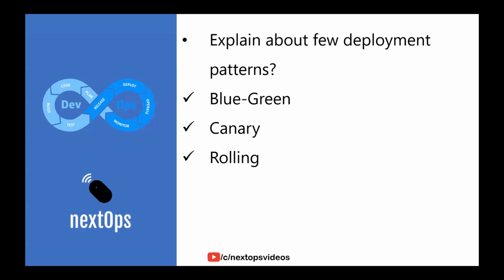Once they get enough confidence, they will switch the green version to production and remove the blue version. So version 2 will continue, and version 1 will be removed after thorough testing and feedback from the users. But in this case, there is a lot of cost involved because we have to maintain two infrastructures separately for each version.